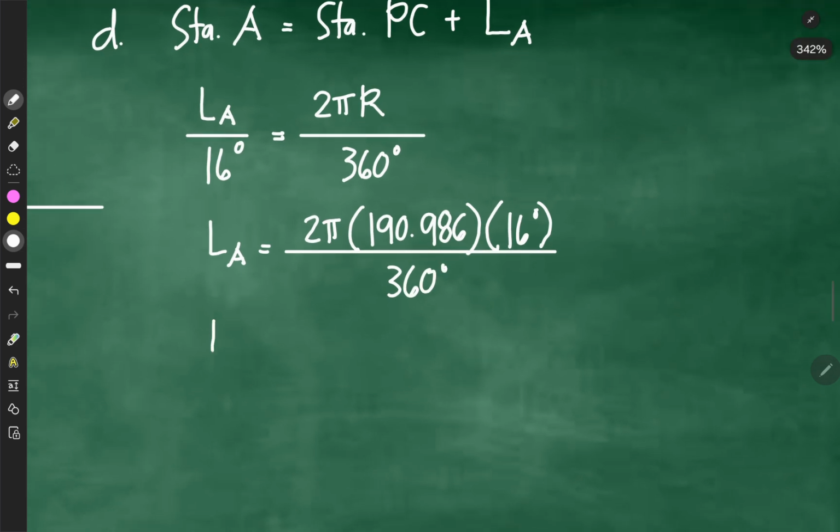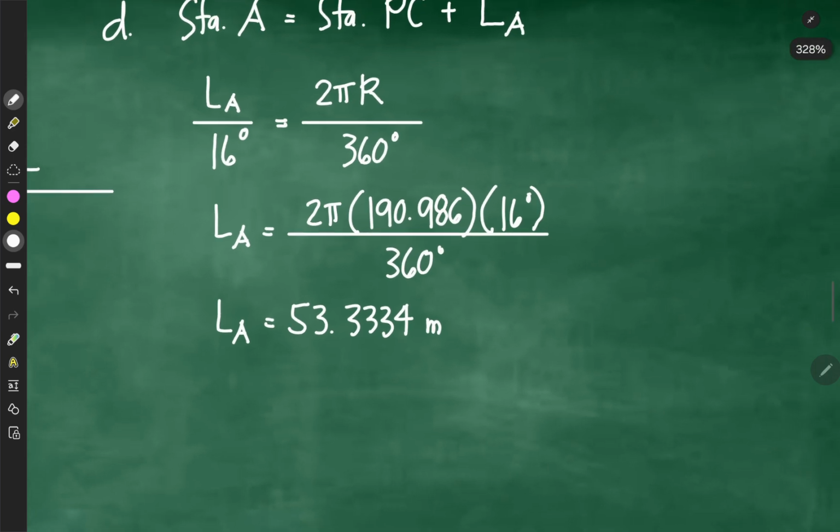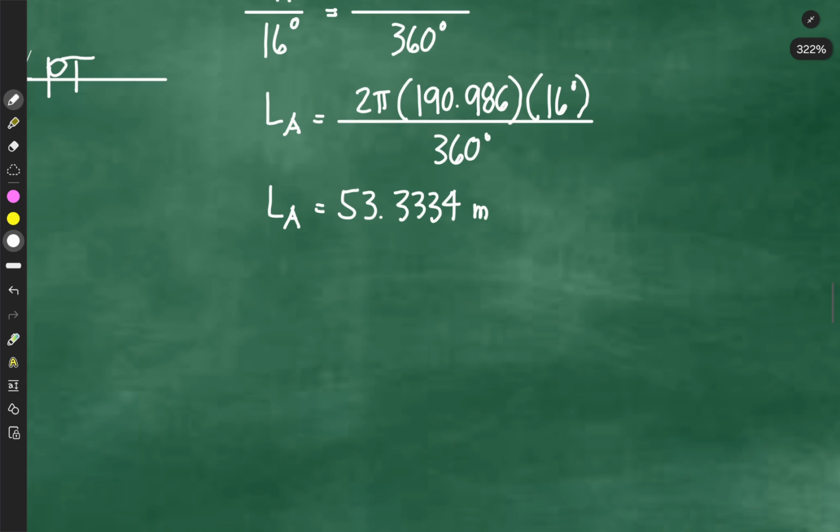So therefore, the length of curve going to point A is equivalent to 53.3334 meters.